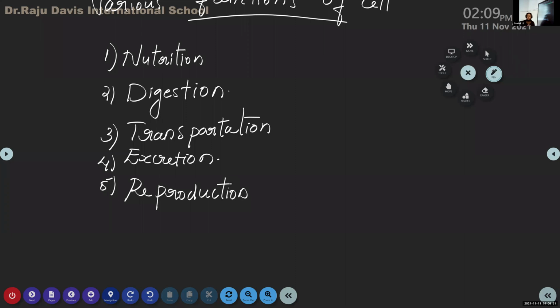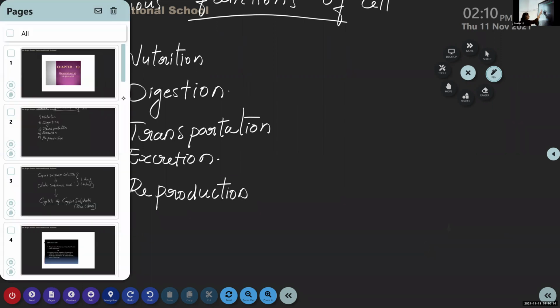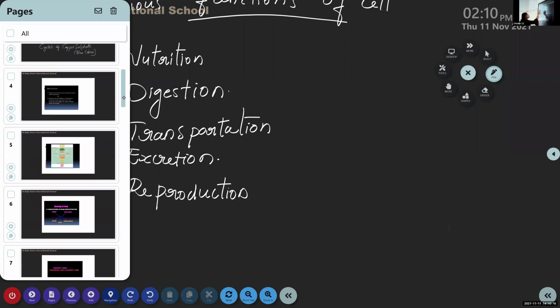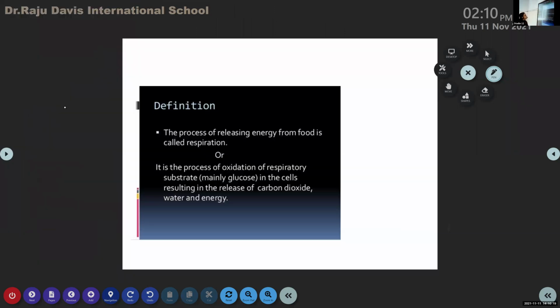In order to do all these functions, our cell needs energy and it is obtained from the food. We know that food stores energy, and this energy is released during the process of respiration. So we can see the definition of respiration. What do you mean by respiration?